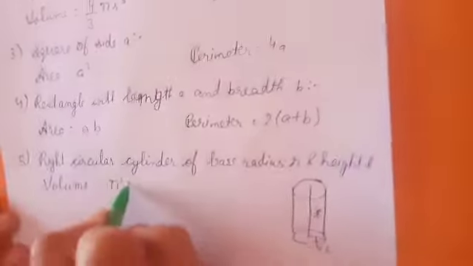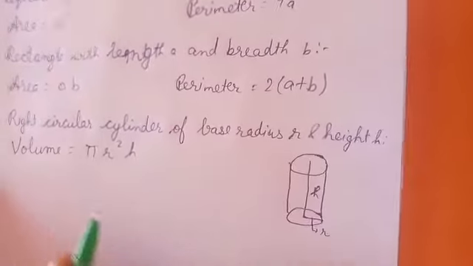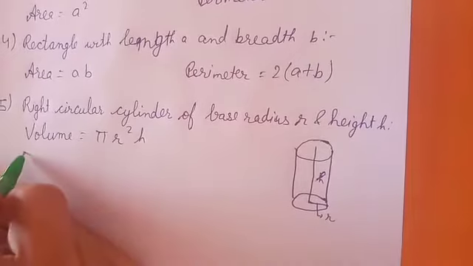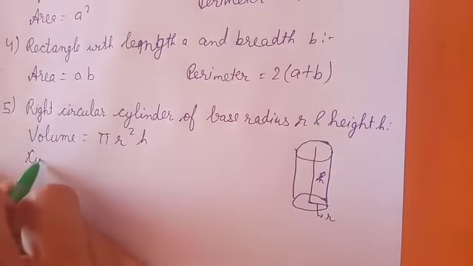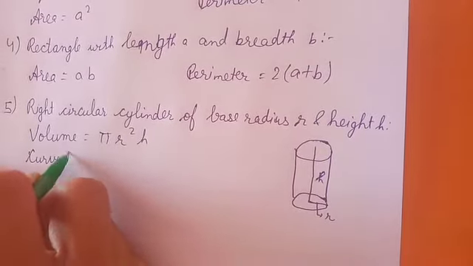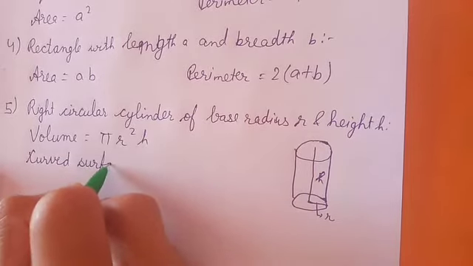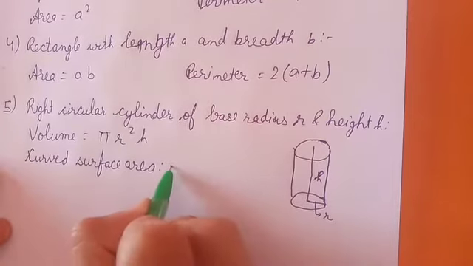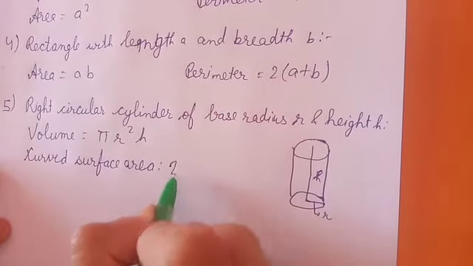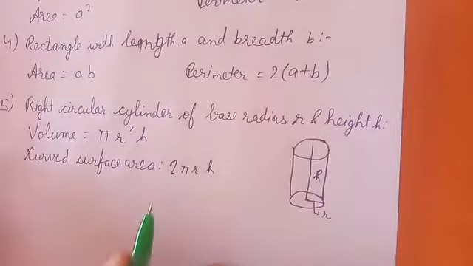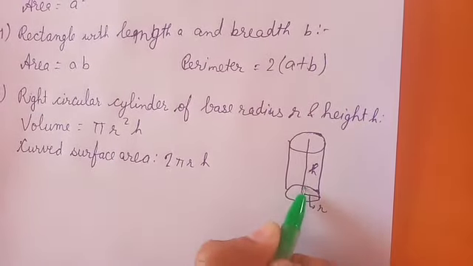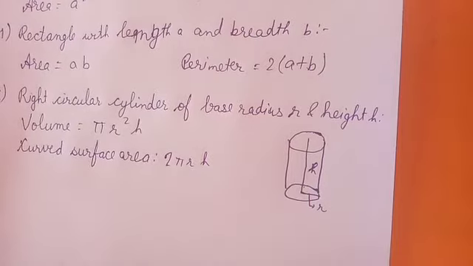Volume is pi r square h, pi into square of base radius and into height. Next is curved surface area, that will be 2 pi r h. 2 pi r means its circumference, and into its height.